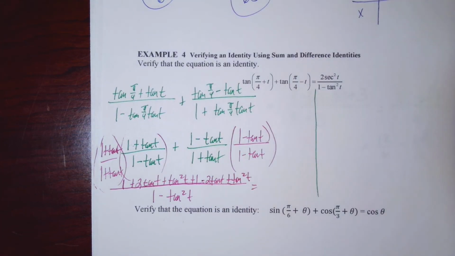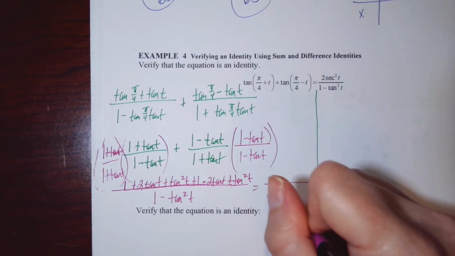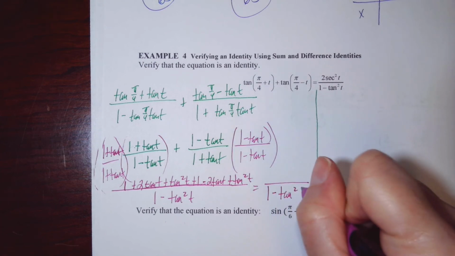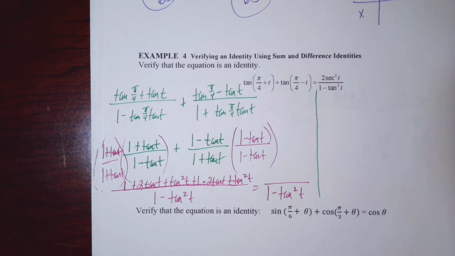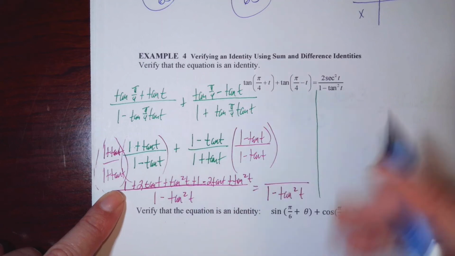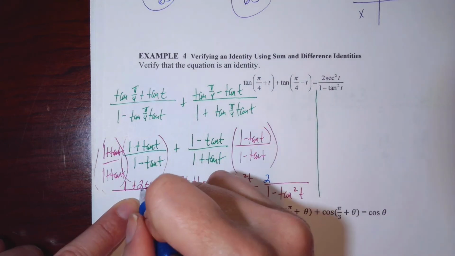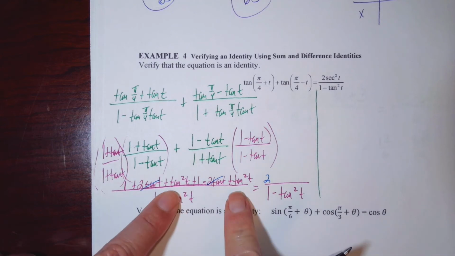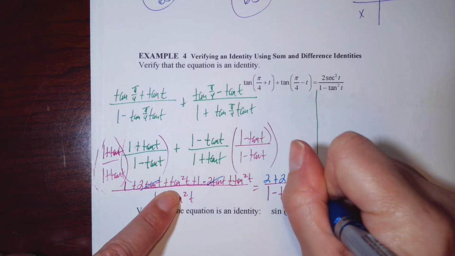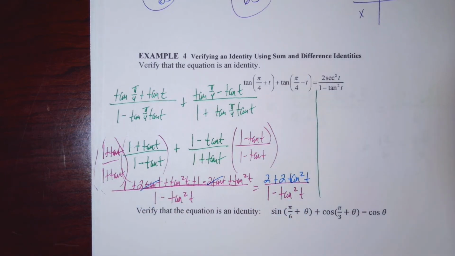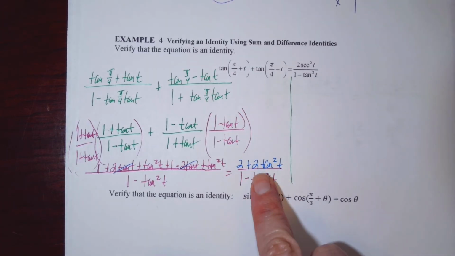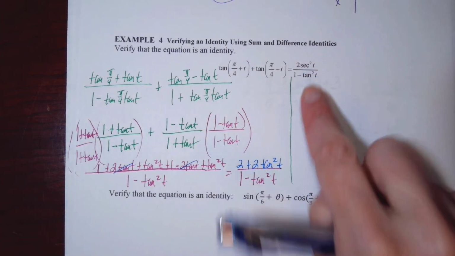Alright, so let's clean up that numerator. 1 minus tangent squared t is my denominator. Let's see what we've got in our numerator. 1 and 1 is 2. 2 tangent t and minus 2 tangent t add to 0. And then I've got plus 2 tangent squared t. Well, I've got 2 plus 2 tangent squared t.